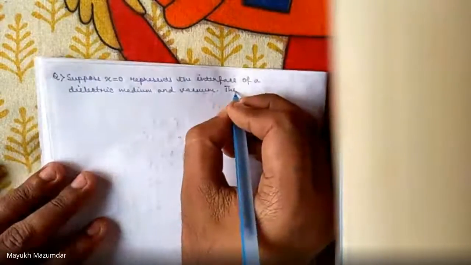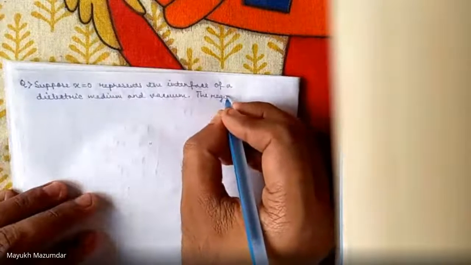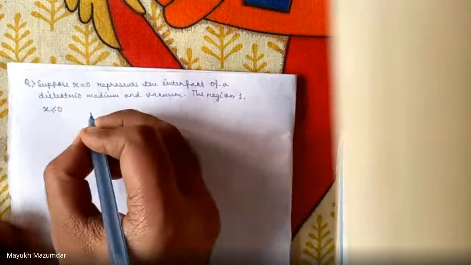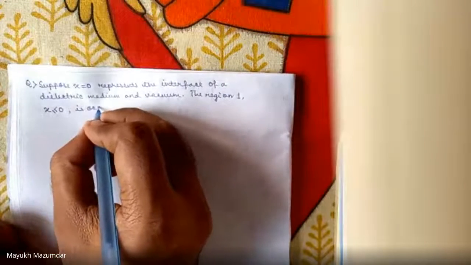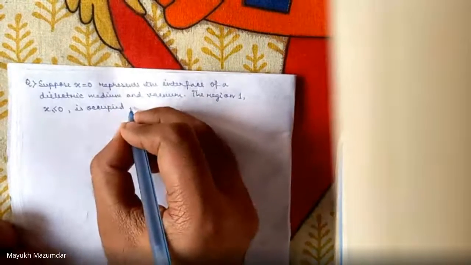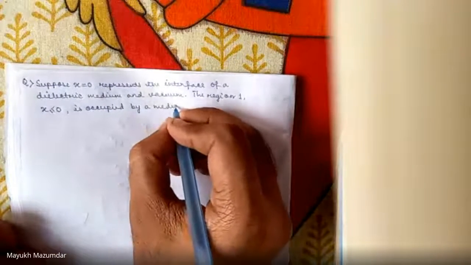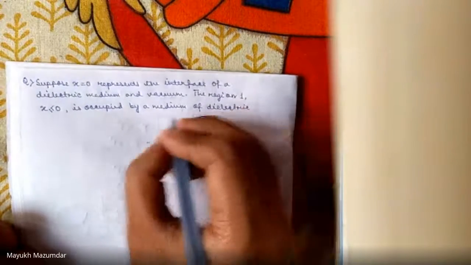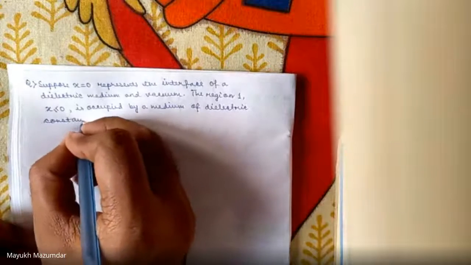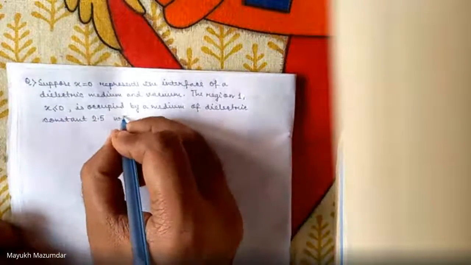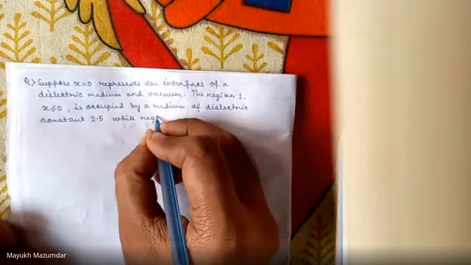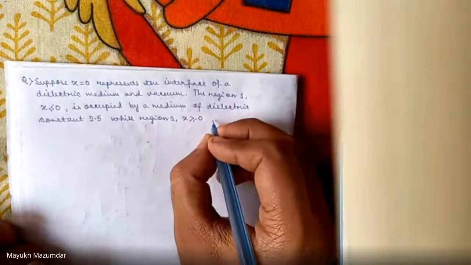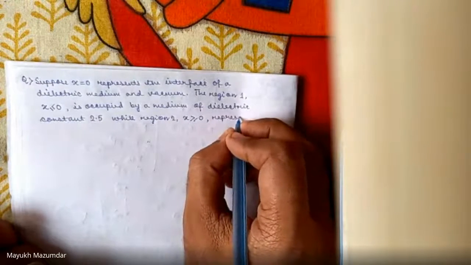The region 1, which is represented by x less than or equal to 0, is occupied by a medium of dielectric constant 2.5, while region 2, represented by x greater than or equal to 0, represents vacuum.